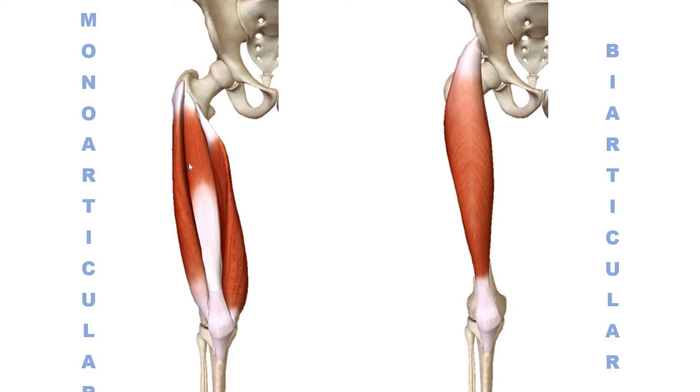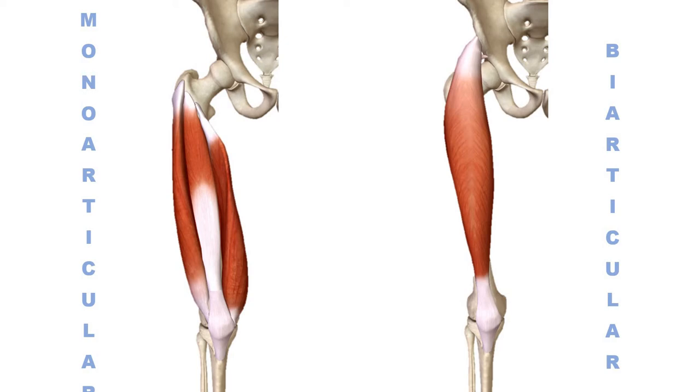They span over a single joint, the tibiofemoral joint of the knee, which is responsible for knee flexion and extension. And we refer to any muscle which spans over one joint as being monoarticular.